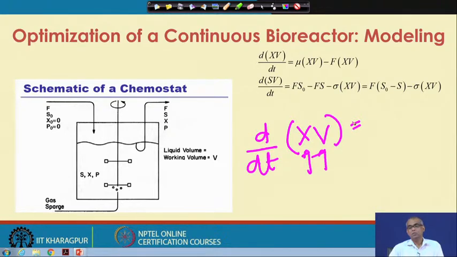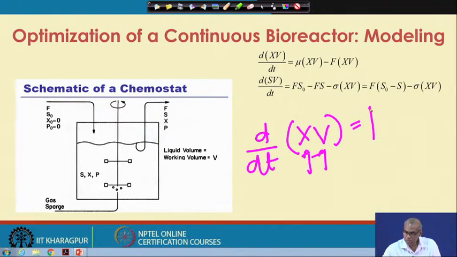So, you have to define a term known as specific growth rate. So, if I multiply the amount of biomass by the specific growth rate, this will give me how much biomass grows in the bioreactor.